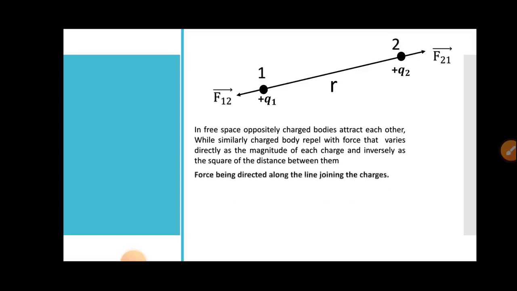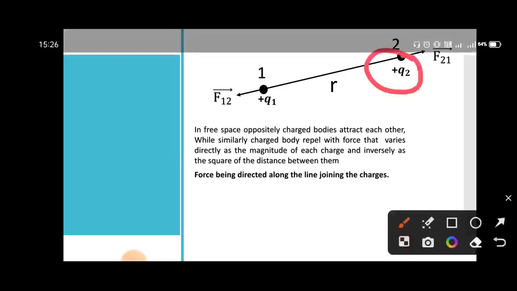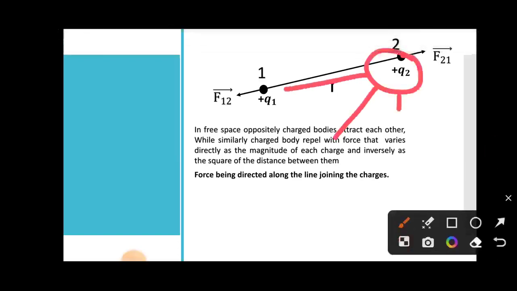Here, as we see, you may say Q2 repels Q1 in any direction, but it is not like that. Coulomb says that the force acts along the line joining the centers of the two charges.